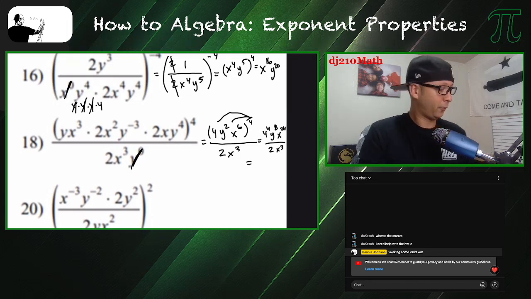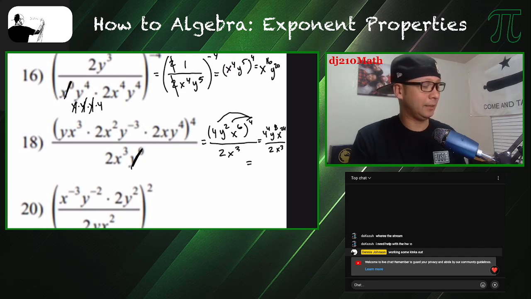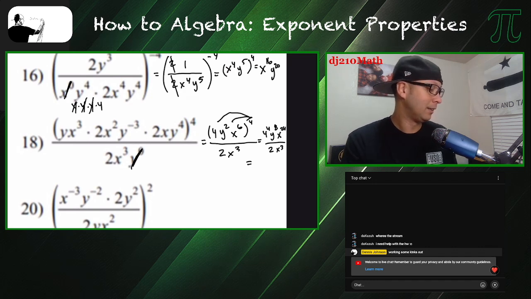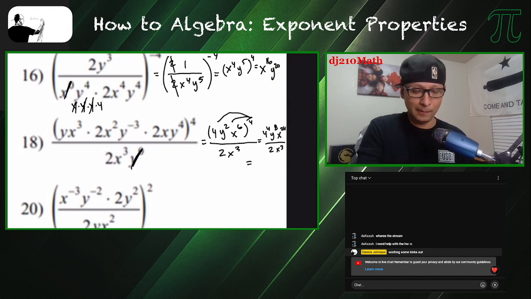Okay, 4 to the 4th power. That's 4 times 4, which is 16. And then times 4 times 4, which is 16. So 16 times 16, 256. So 256 over, there's a 2 on the bottom.